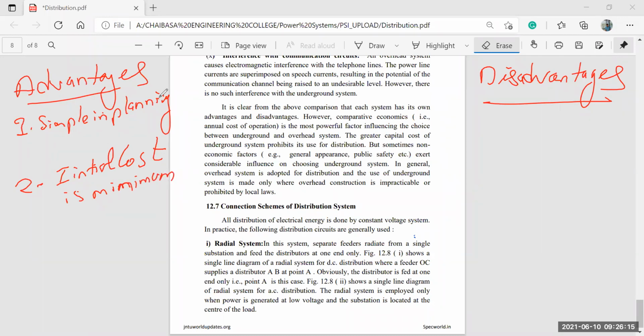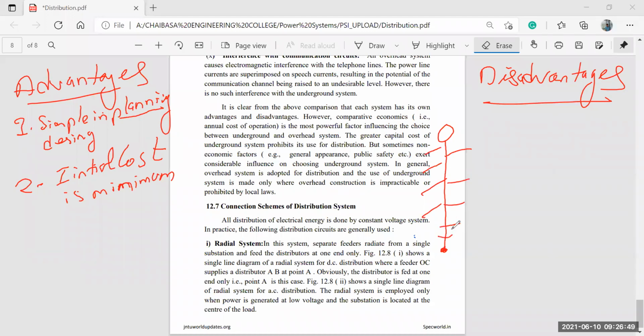Now, if planning is simple, then operation and designing would be simple too. You just have to lay down that this segment is your source, until the end it has to be fed. It feeds as a distributor, and however many houses or consumers are tapped, they are tapped in this manner.